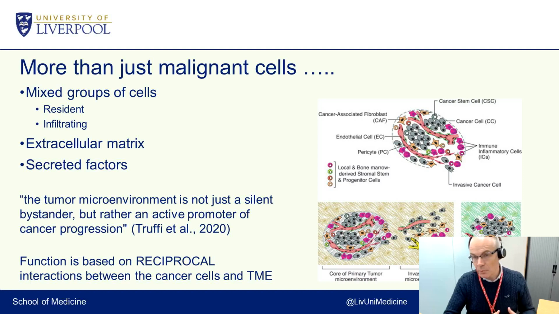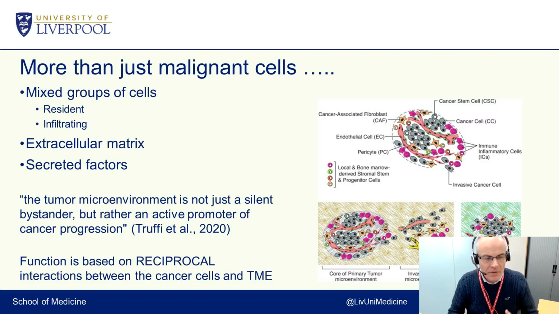We'll see, for example, some of the fibroblasts have already been there. But others are infiltrating cells, and that not only includes the cells of the inflammatory component and the immune component, but even perhaps some of the fibroblasts and the endothelial cells, which are going to bring a blood supply into the area. They come into the tumour to populate it and to increase the richness of the cellular component.